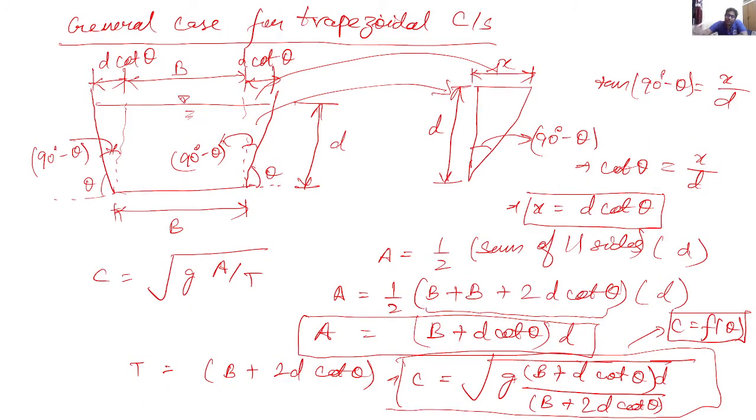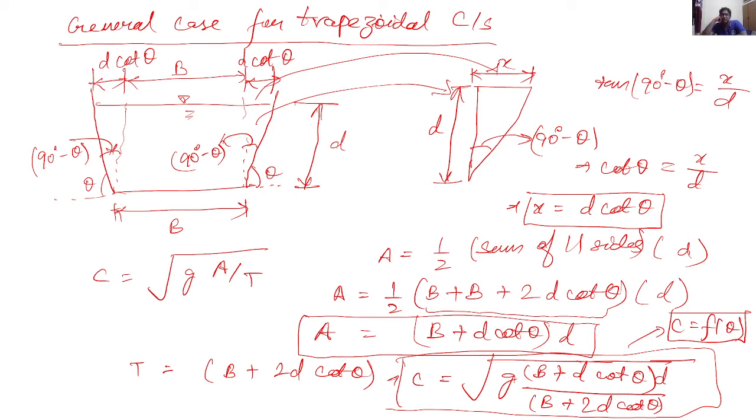Then we took a case of a trapezoidal cross section. We again took a very generalized case for any subtended angle, termed theta, and we found that for a trapezoidal cross section the celerity happens to be a function of the subtended angle, unlike that of a triangular cross section.